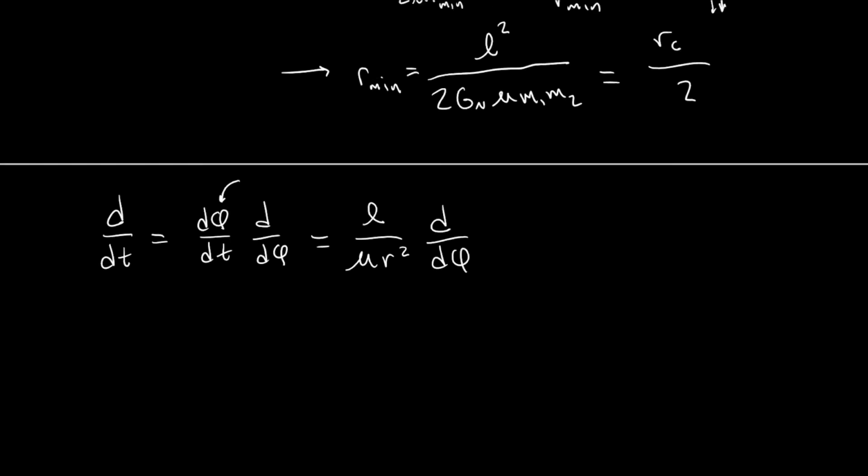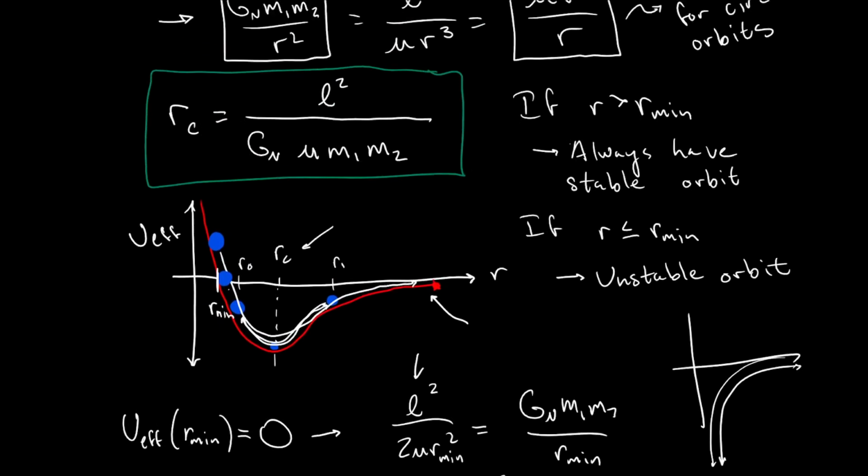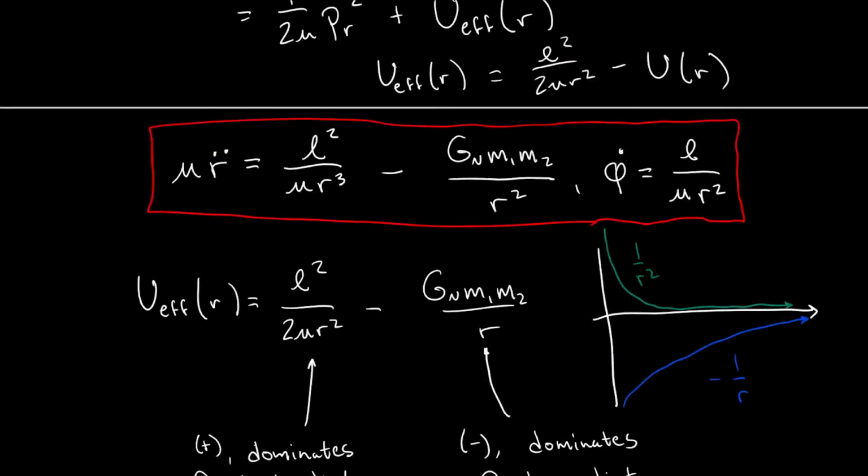Another thing that, again, it's not entirely obvious to do this right away, but you see that we have these annoying factors of r in the denominator. And these kind of suck to deal with solving differential equations.